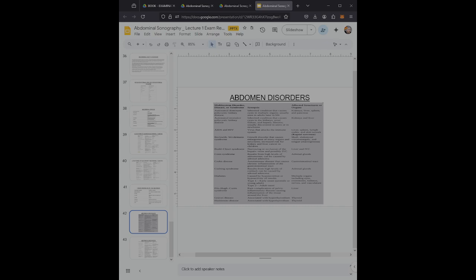We have certain abdominal disorders, such as autosomal dominant polycystic kidney disease, an inherited condition that causes cysts in multiple organs, usually seen later in life in patients, in the kidneys, the liver, spleen, and the pancreas.